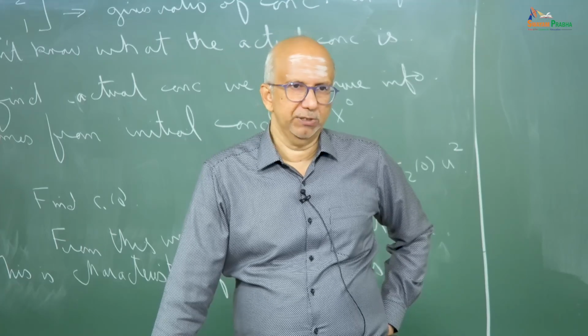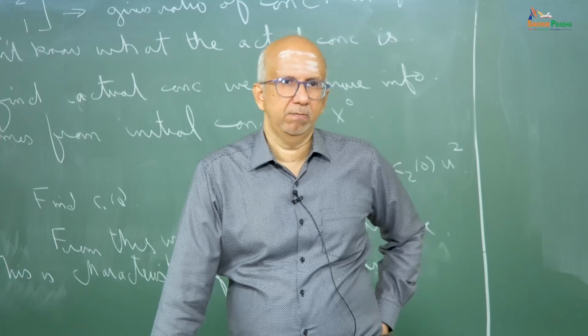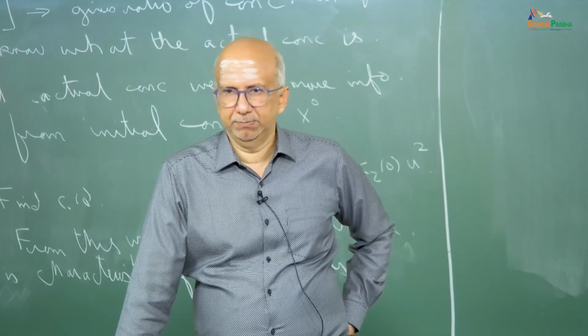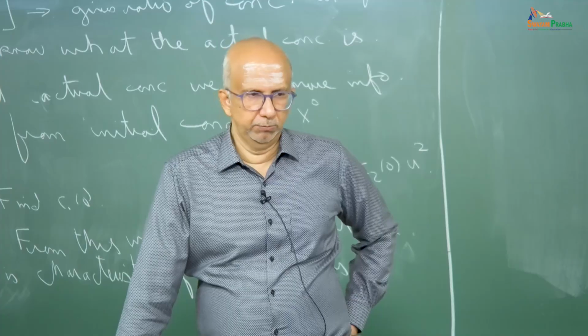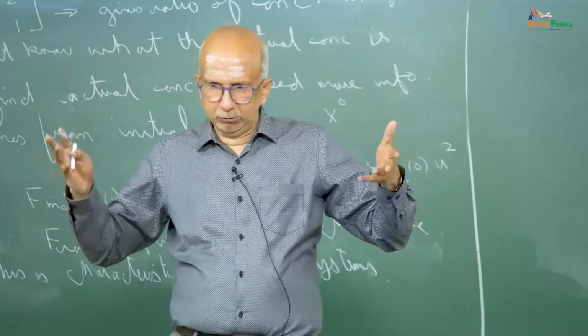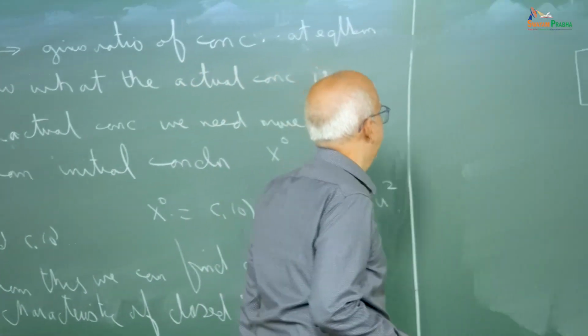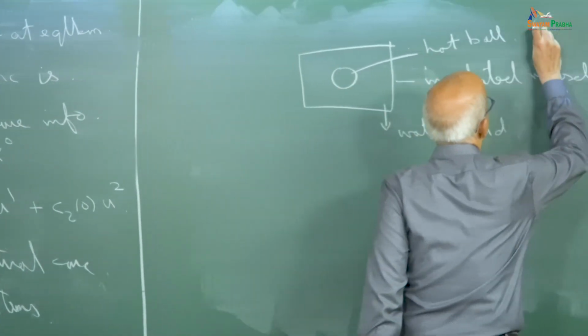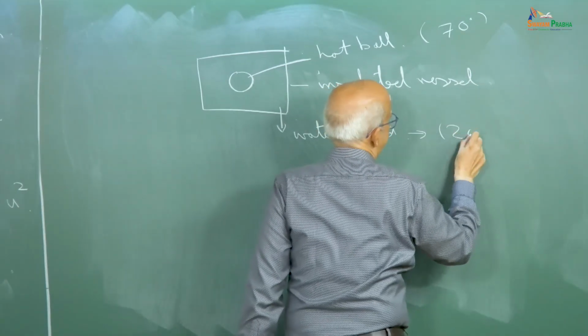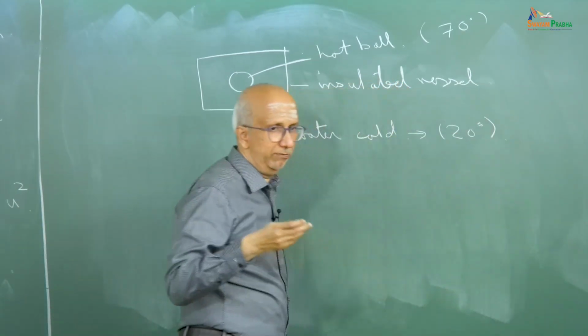So the first thing you will say is that temperatures have to be equal, because after some time heat transfer will not take place between the solid and the liquid, and there is no heat transfer outside. So the hot ball is at 70 degrees and the water is at 20 degrees. I am not allowing boiling and all that.